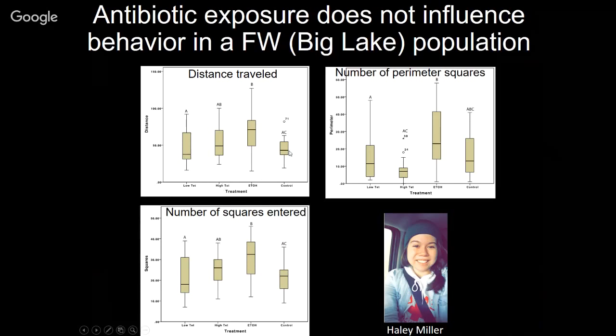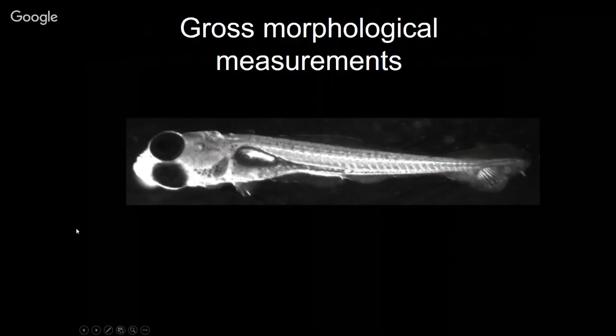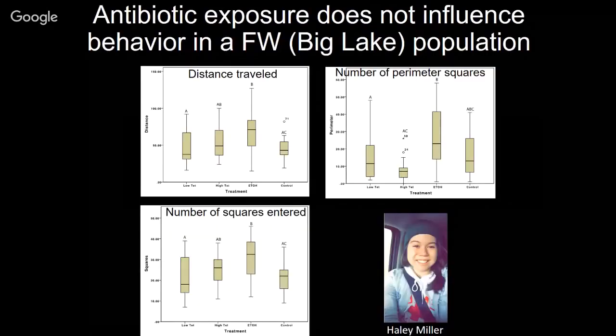There was no difference in the distance traveled, the number of perimeter squares they went into, or how long they spent on the perimeter. So this was interesting in and of itself, because now we know that the host genetic background did not affect the behavior of the fish that were developing under antibiotic exposure versus control.